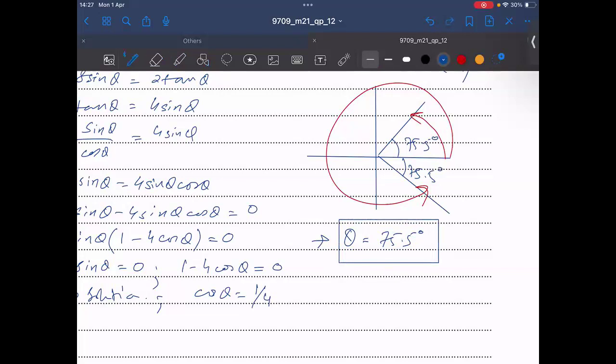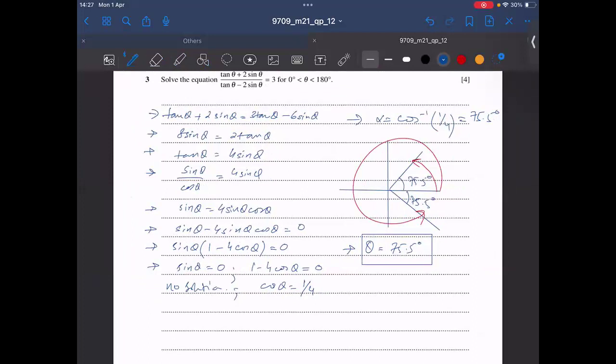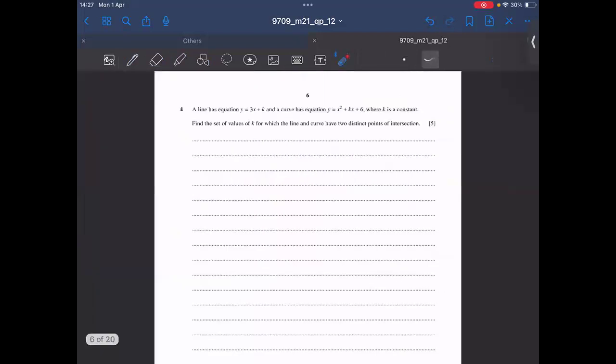So just one solution of this equation is within the given domain. The second one is lying outside the domain. So yeah. All right.